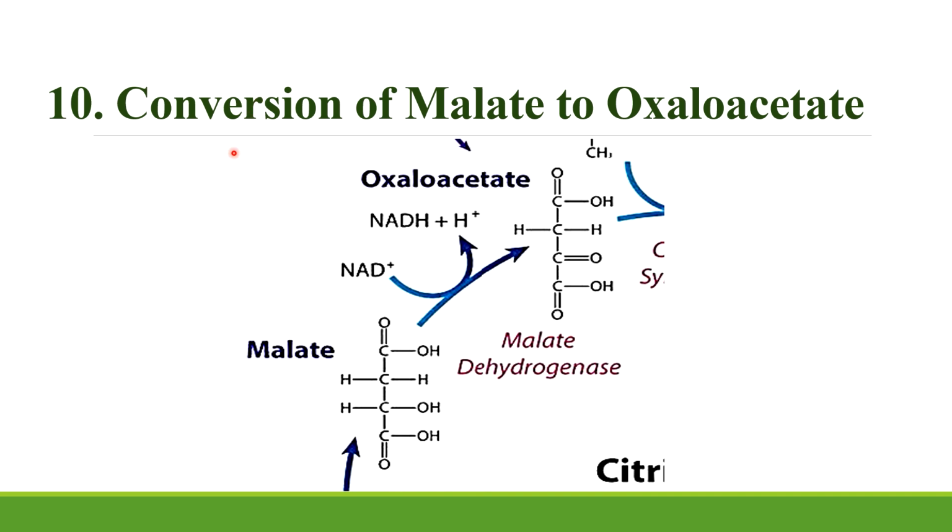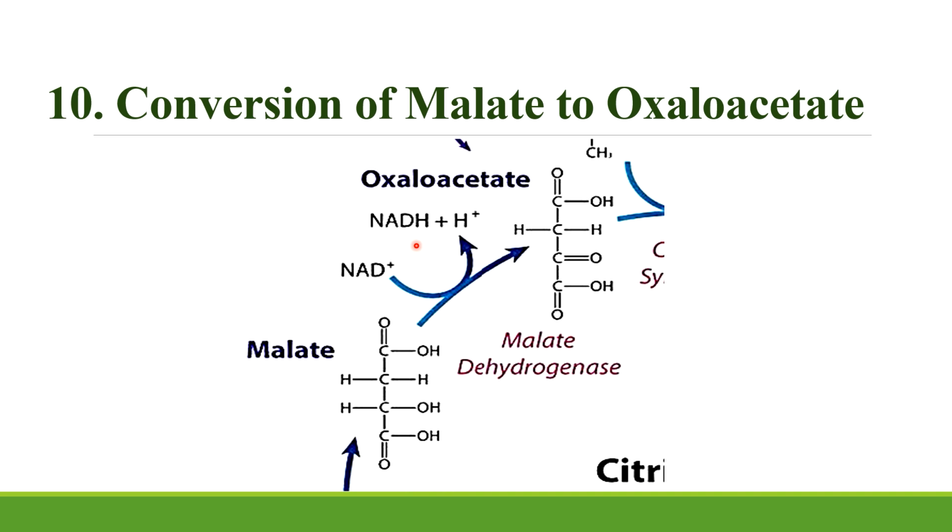And the last step is conversion of malate to oxaloacetate. Malate is again oxidized to oxaloacetate by the enzyme malate dehydrogenase. In this step, the third and final molecule of NADH is produced.